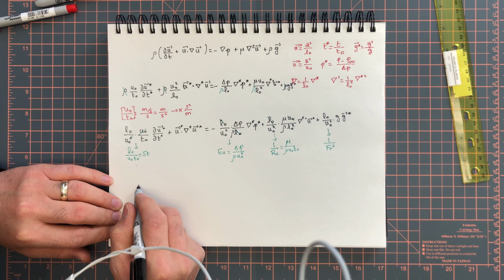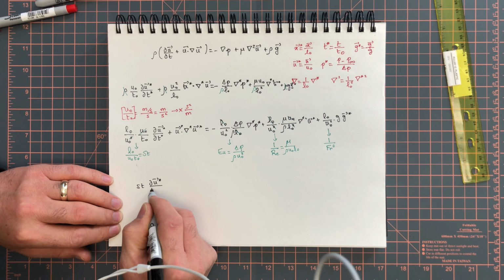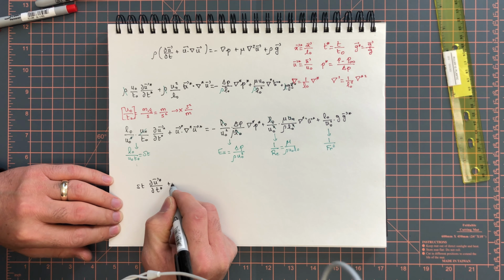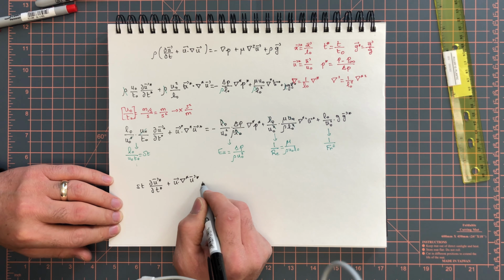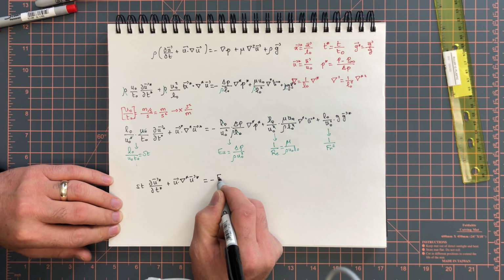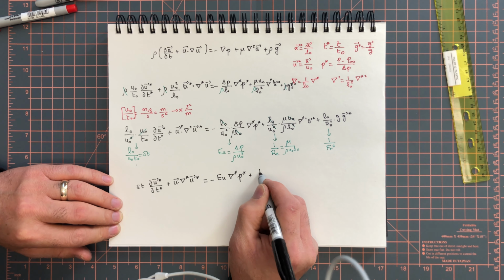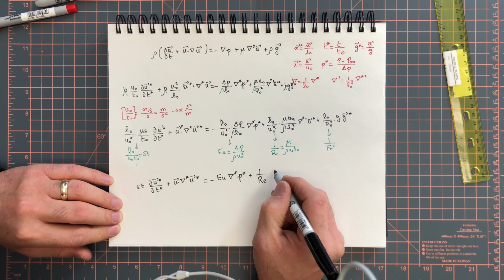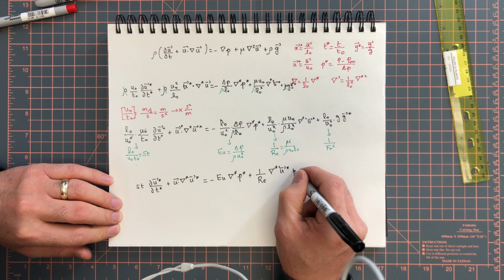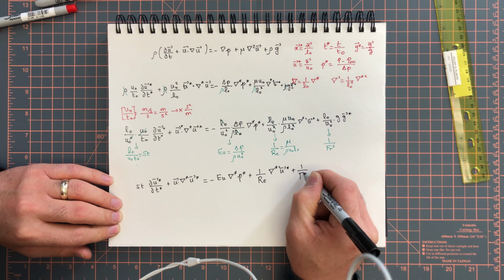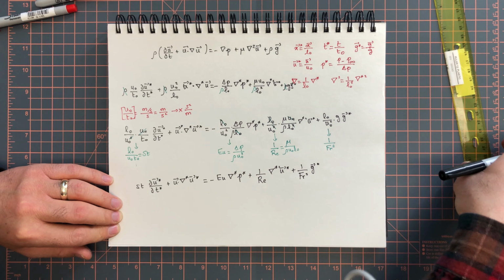So with that being said, we have a Strouhal number times du star by dt star plus u dot grad u equal to minus the Euler number grad p plus 1 over the Reynolds number del squared u plus 1 over the Froude number squared g star.